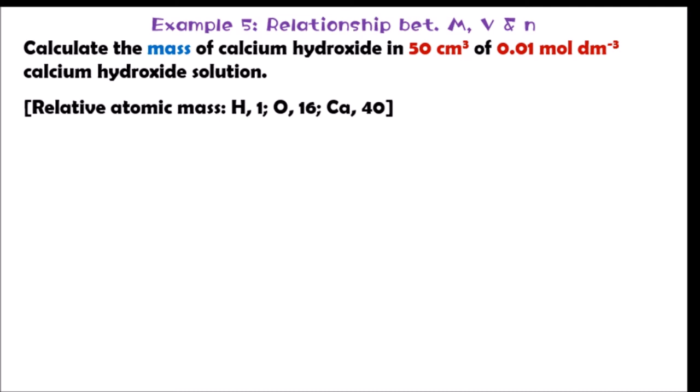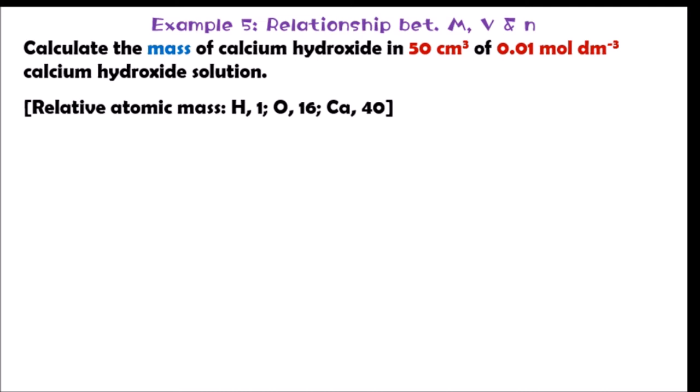Okay, the question is: calculate the mass of calcium hydroxide in 50 cm cube of 0.01 mole per dm cube of calcium hydroxide solution. Given that the relative atomic mass is hydrogen is 1, oxygen is 16, calcium is 40. So try to answer this question.